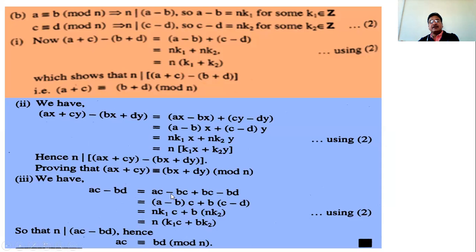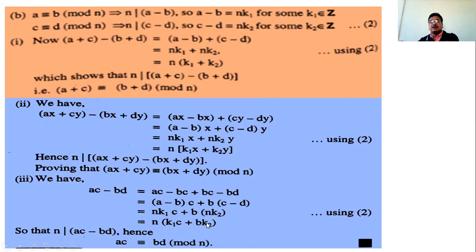Here is the adjustment: subtract bc, add bc, minus bd as it is, ac as it is. Then take c as common from the first two quantities, and take b as common from the third and fourth. Then the value of a − b by assumption is nk1, and the value of c − d is nk2. And then take n as common.